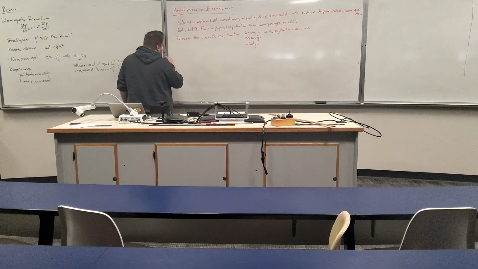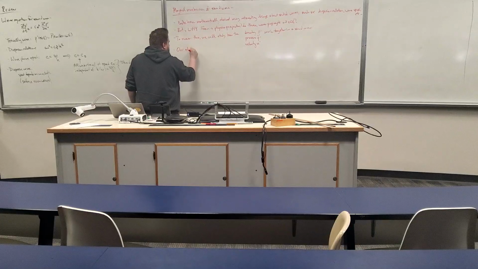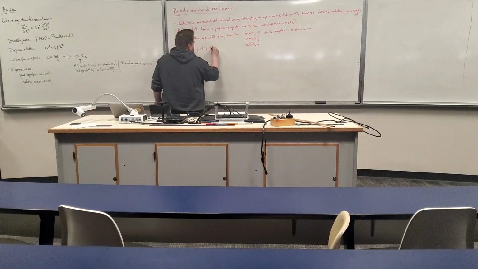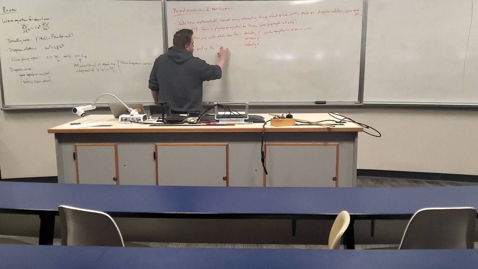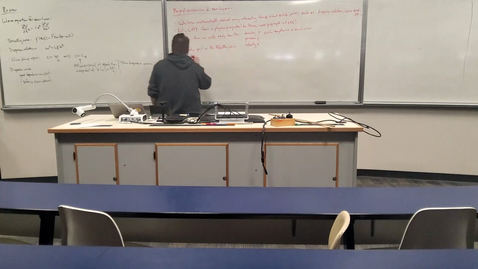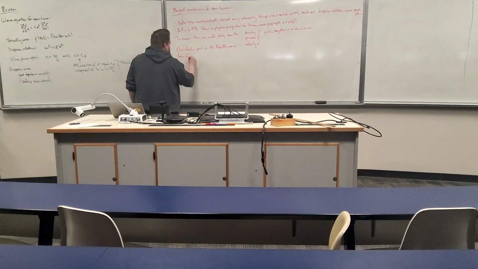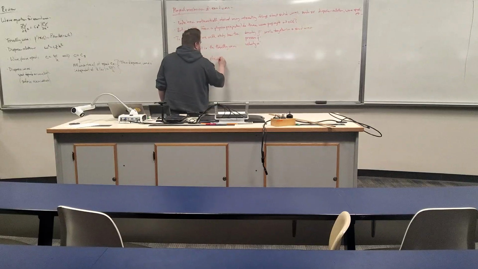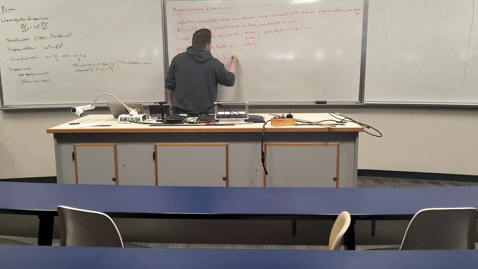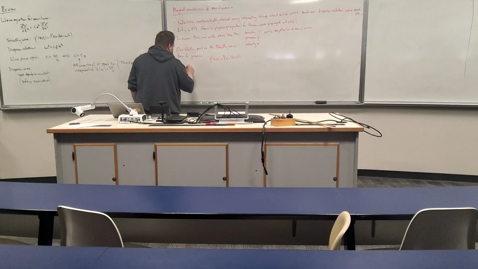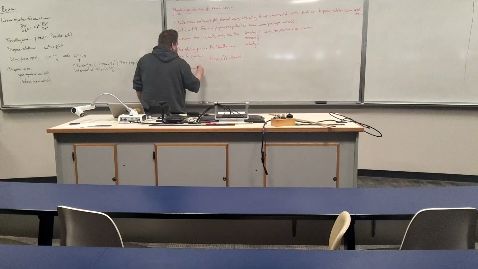So our starting point is the plane, or sorry, the traveling wave form of pressure: P prime of x and t equals a capital P sine kx minus omega t, and our three linearized equations.